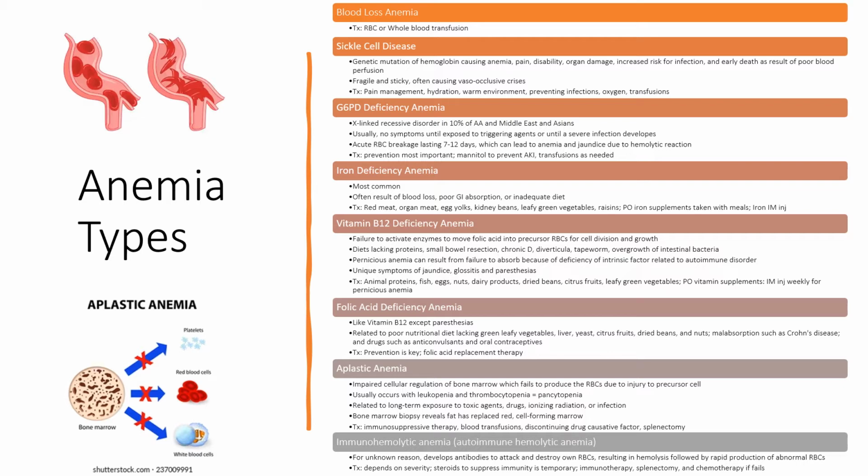So what happens is that the red blood cell sickles, in a half-moon crescent shape, as you see in this picture on top of the anemia types. The left is the normal, what the red blood cells are supposed to look like.